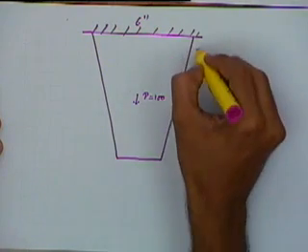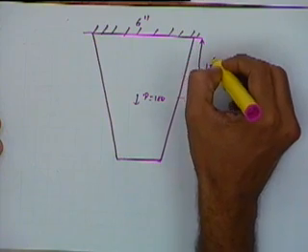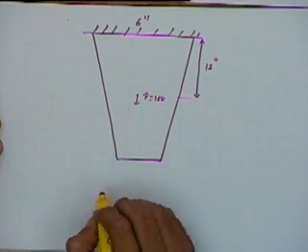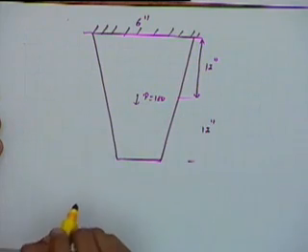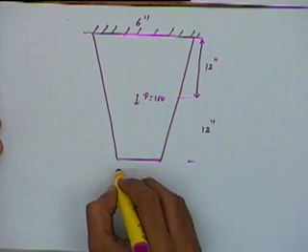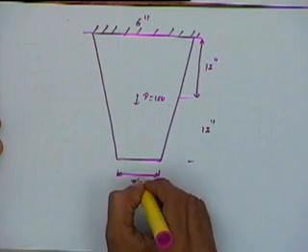This length, let us say if I take that to be 12 inches, okay, the remaining length, let's say another 12 inches. Okay, let's say this part I take it to be 3 inches.